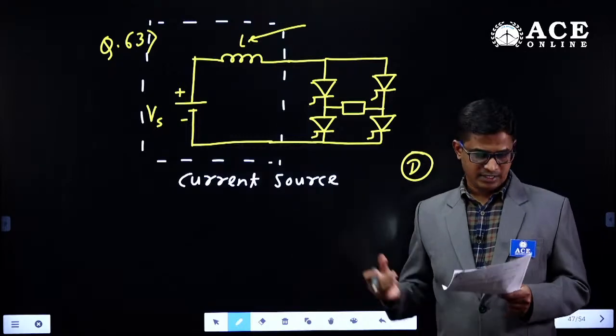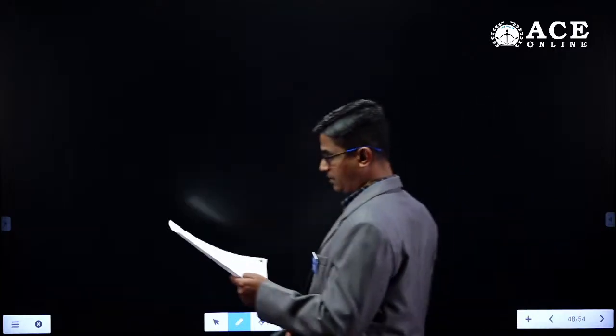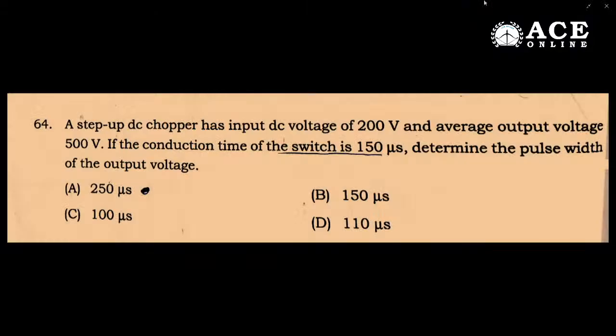All right. Next, let us discuss question number 64. A step-up DC chopper has input DC voltage of 200 volt and average output voltage 500 volt.